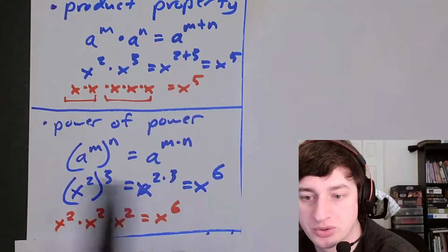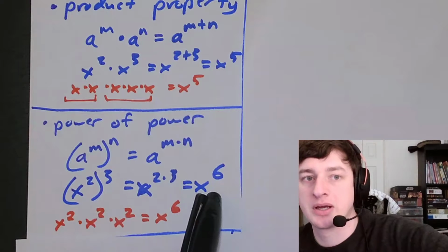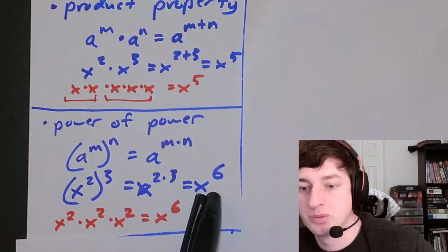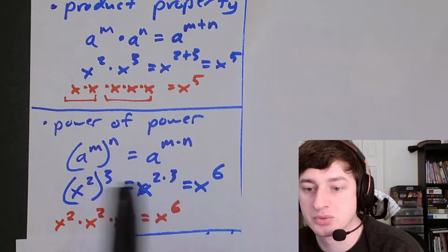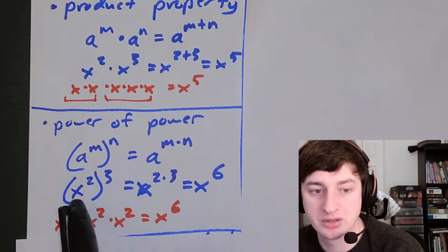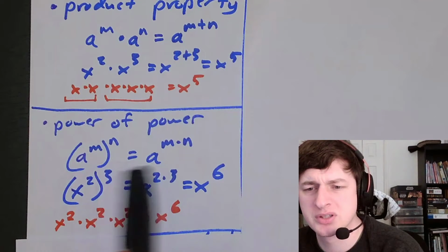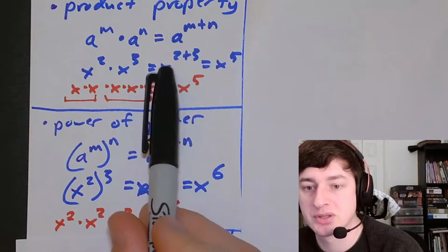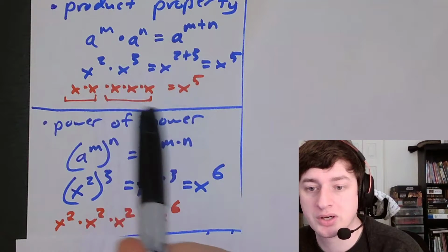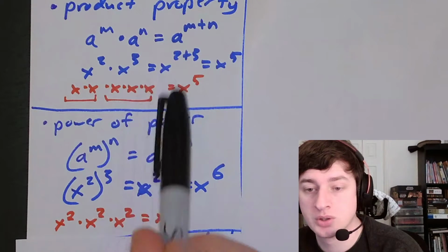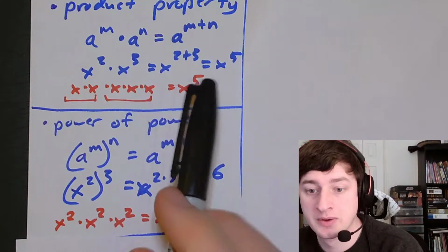So generally, we're going to go in this direction. But sometimes we would need to go the opposite direction. We would want to make this more complicated for some reason. Now, not really with this power of a power, but definitely sometimes with this product property. When we talk about exponential functions, we will be using this.